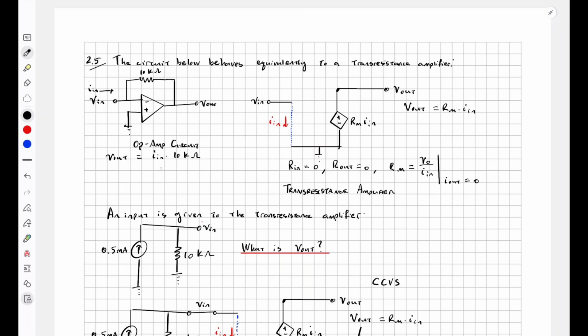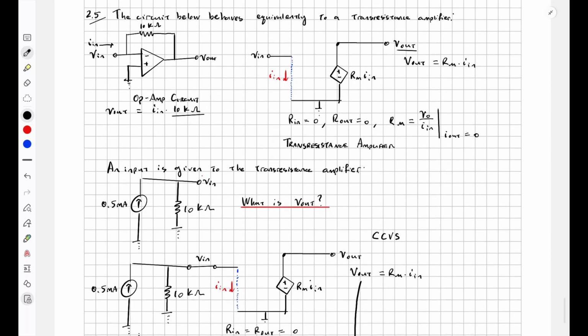So in this case, the translation from I in to V out is through this 10 kilo ohm resistor. 10 kilo ohm resistor is the translation factor here. Likewise, the translation factor from I in to V out on this circuit on the right is through Rm.